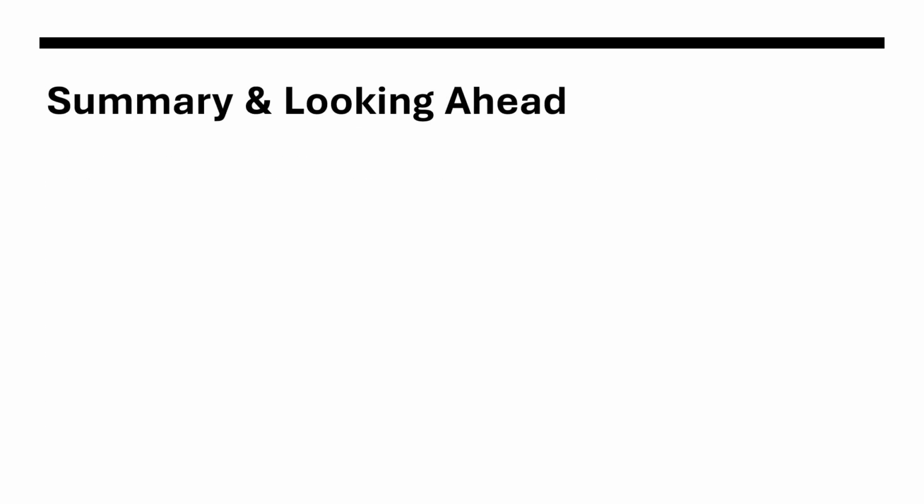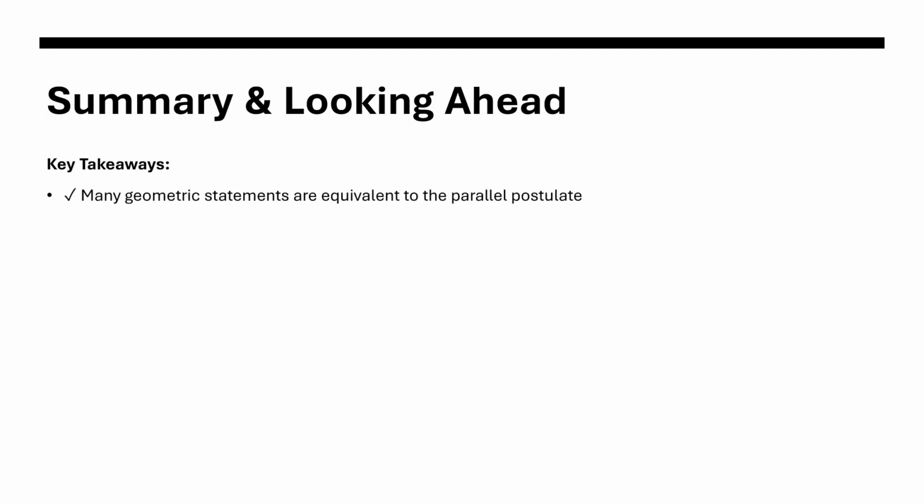So, summary and looking ahead, here are our takeaways. Many geometric statements are equivalent to the parallel postulate. Hilbert's parallel postulate is equivalent to Euclid's fifth, which is equivalent to the angle sum equal to 180 degrees, which is equivalent to the existence of rectangles, and so on.